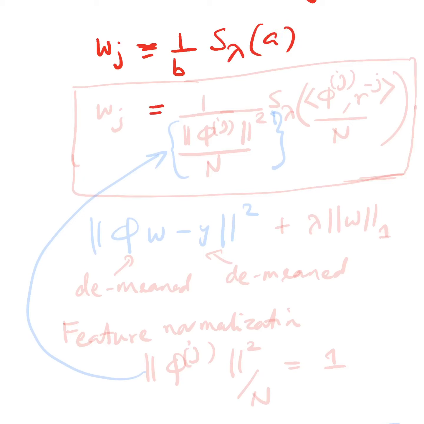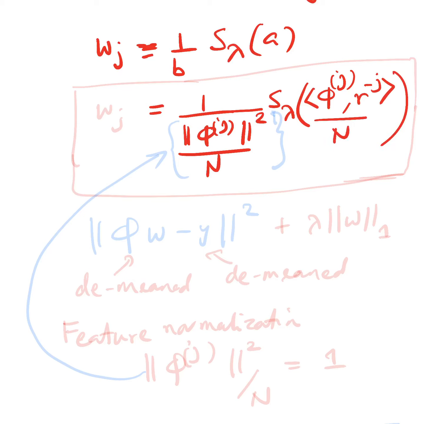Let me write that out again, to remind you of what these things are. 1 over the normalization of the jth feature, and then S lambda of how the jth feature correlates against the residual error, again normalized across examples.